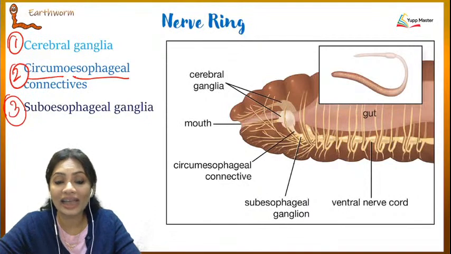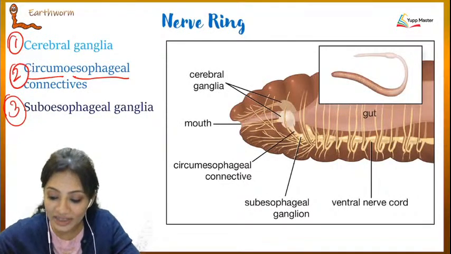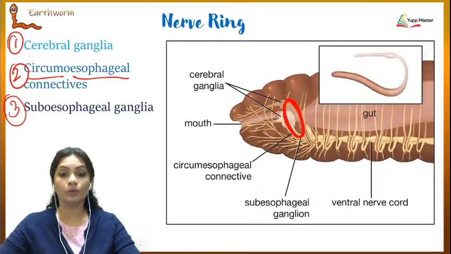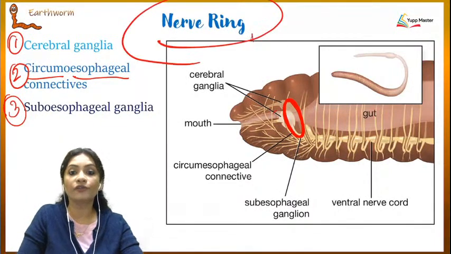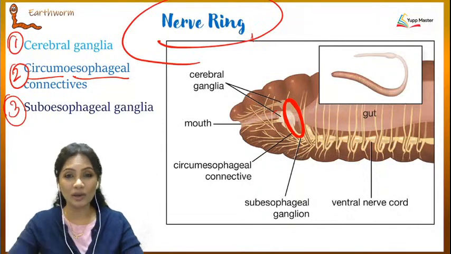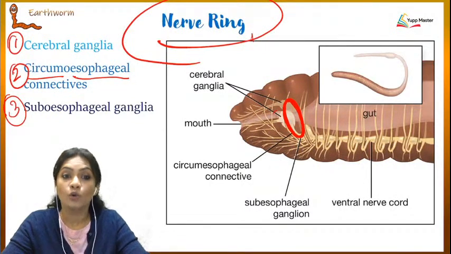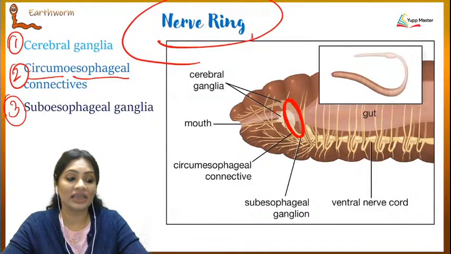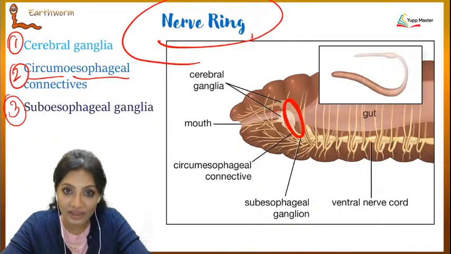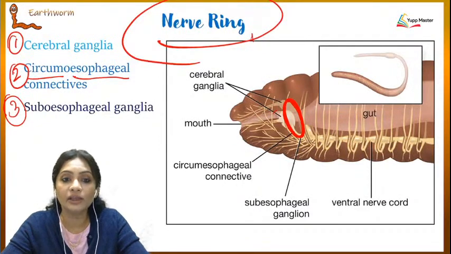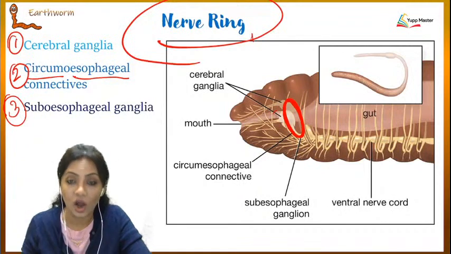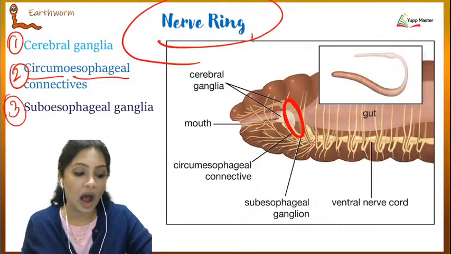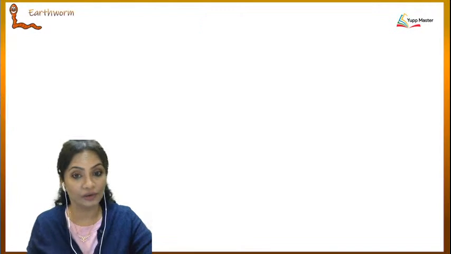So these are the three ganglia, and all these put together form what we call the nerve ring. So what do we mean by the nerve ring of the earthworm? It is composed of first the cerebral ganglia, second the circumesophageal connectives, and third the subesophageal ganglia. All these three things put together form that nerve ring.